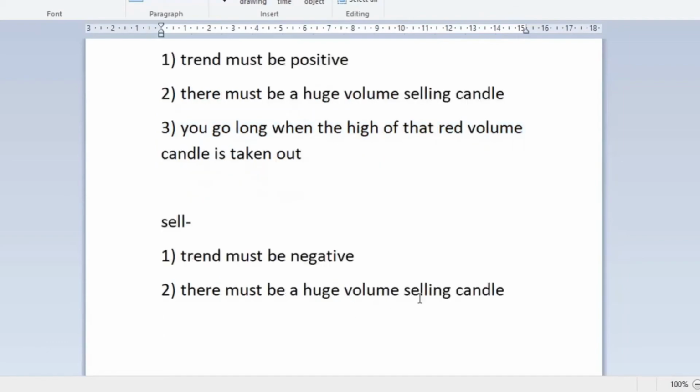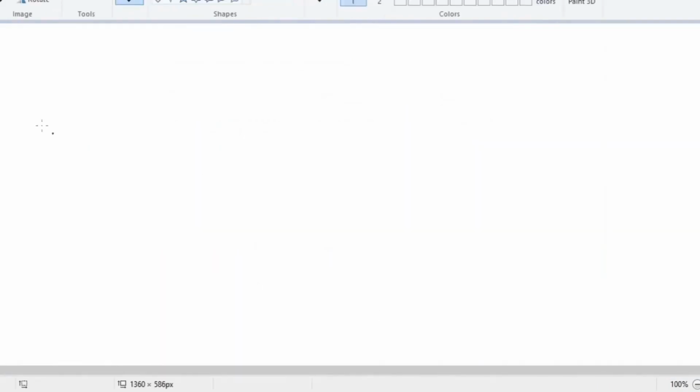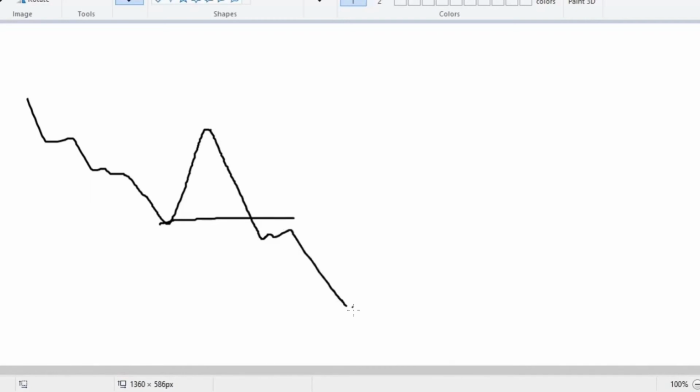There must be a huge volume buying candle. Now this is exactly opposite, right? So the trend is negative, and then a huge volume buying candle comes up. And then when the low of this candle is taken out, you sell the markets.